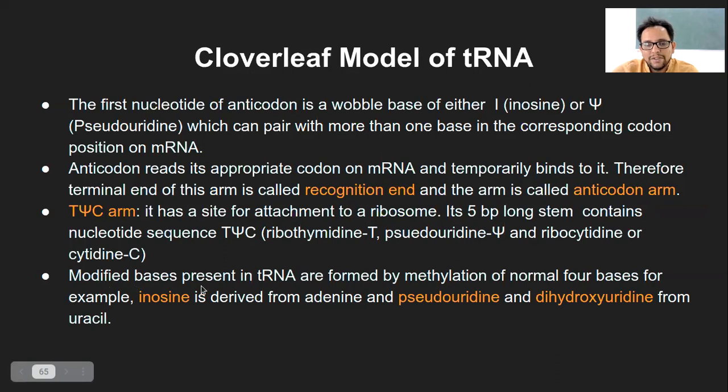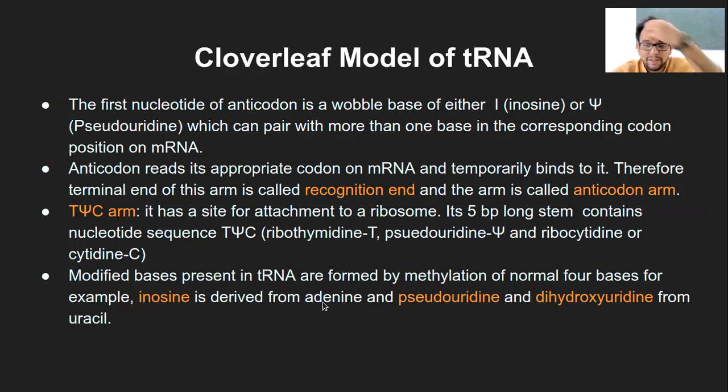Now, one interesting fact is that the modified bases present in tRNA are formed by the modification of the normal four bases. For example, inosine is derived from adenine, and pseudouridine and dihydrouridine from uracil.